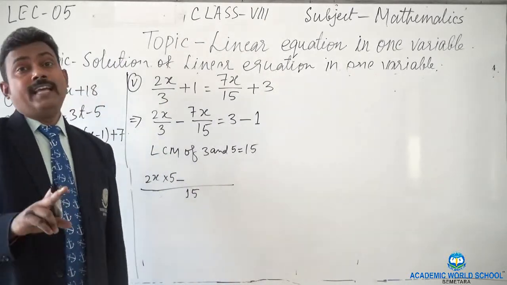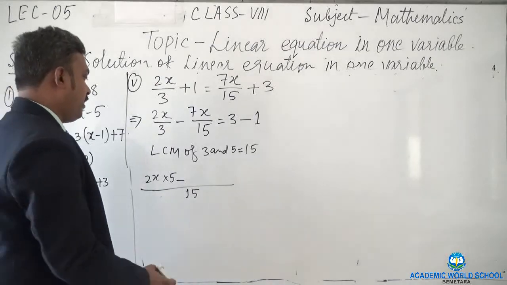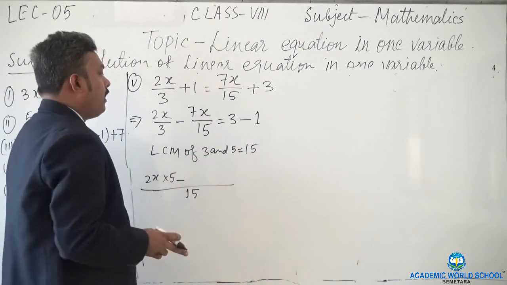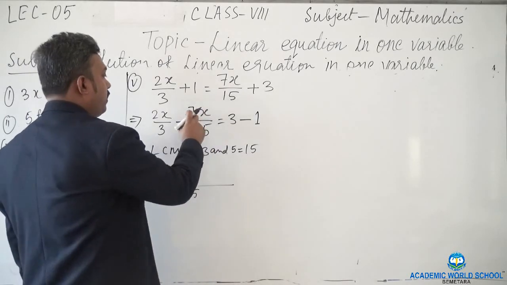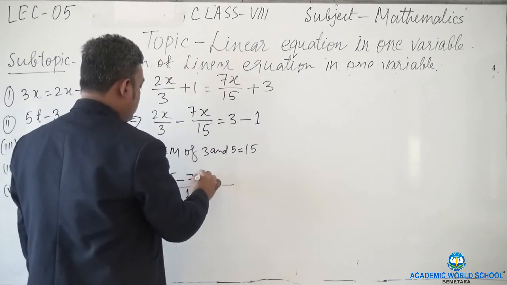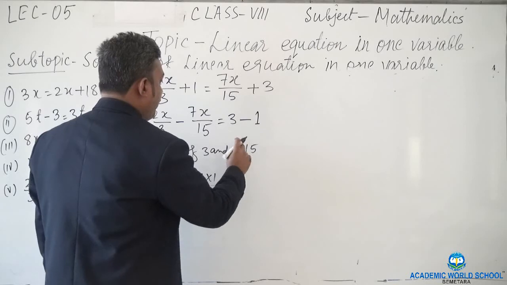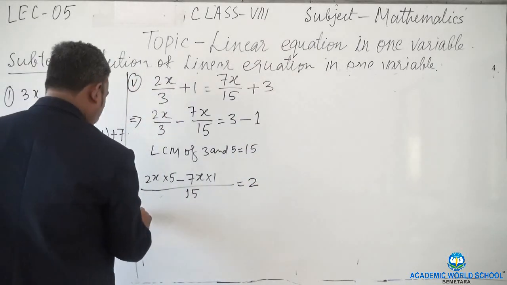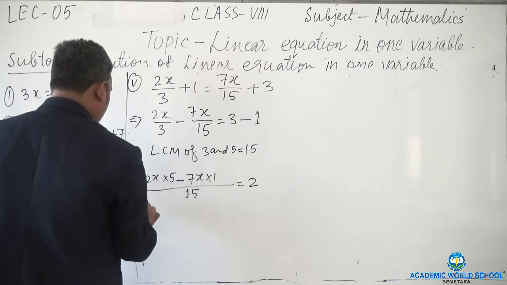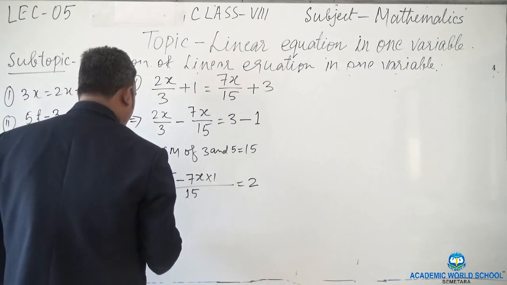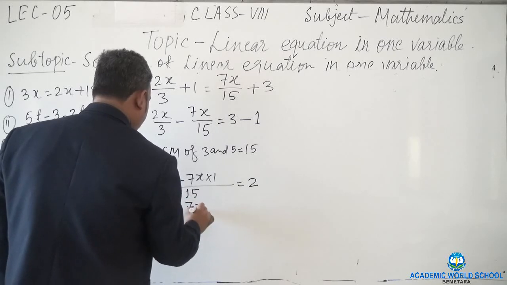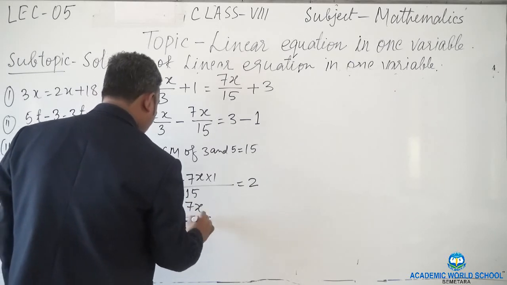LCM is 15, denominator is 15. We will get 1, and that 1 will multiply in the numerator. So 7x into 1. 3 minus 1 will be 2. So 2x into 5 will be 10x. 7x into 1 will be 7x by 15.